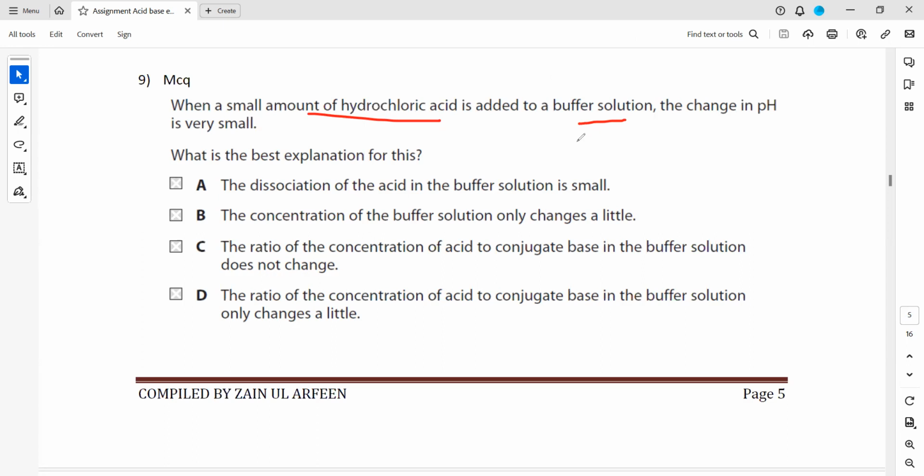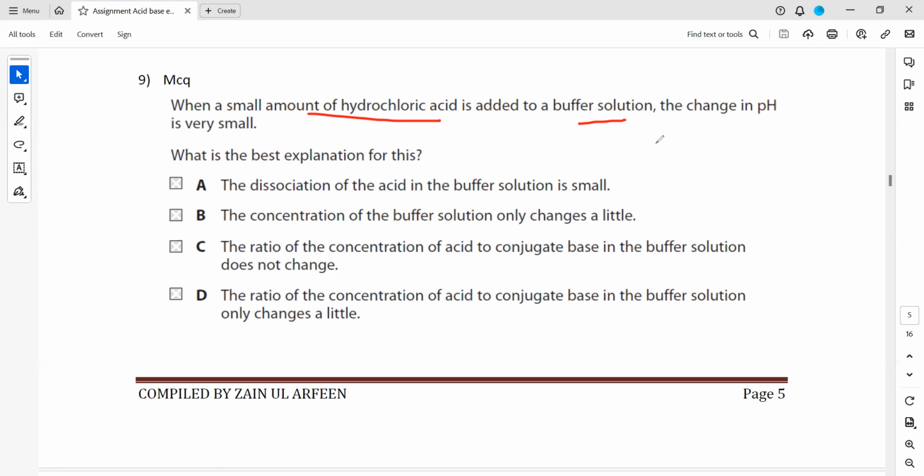So when we work it out, if we write the dissociation equation for any acid, for example, because what is a buffer solution? A buffer solution is a mixture of a weak acid and its salt, or a weak base and its salt.